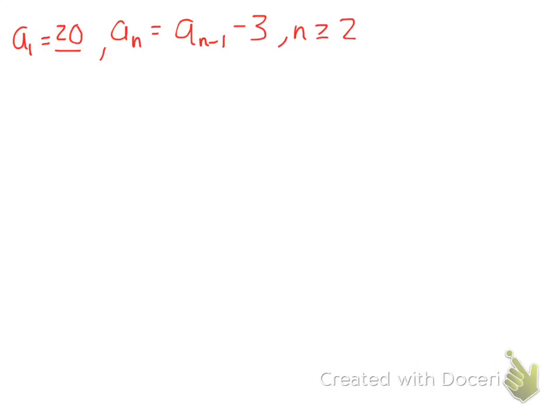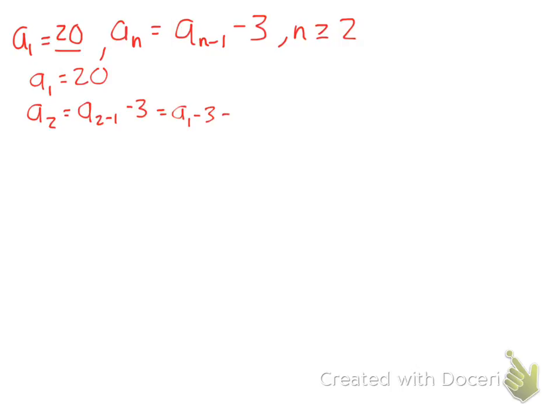So, I'm going to start going. A sub 1 equals what? Oh, it's 20. We already know the first term. It's given. A sub 2, though, I have to start using the formula. A sub 2 would equal A sub 2 minus 1 minus 3. Just plugging things in, right? But what is 2 minus 1? So it becomes A1 minus 3.